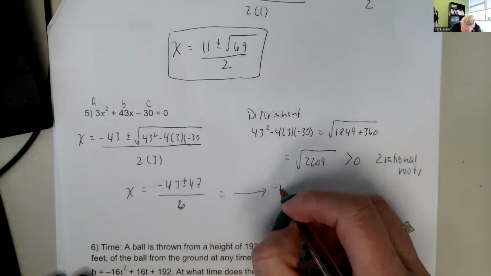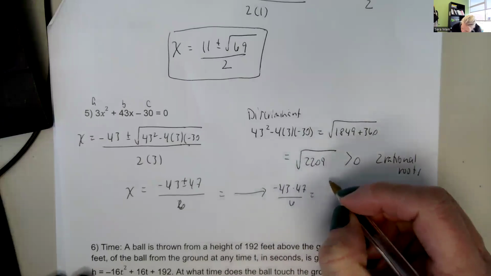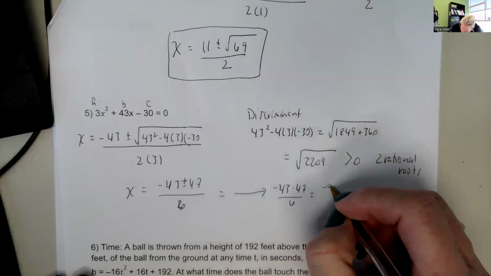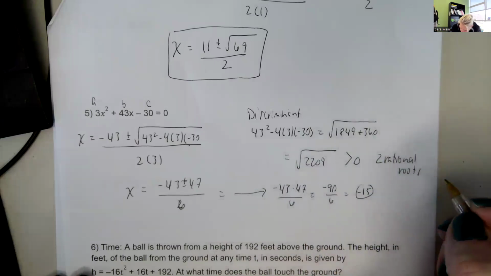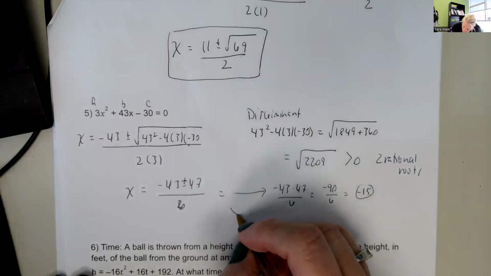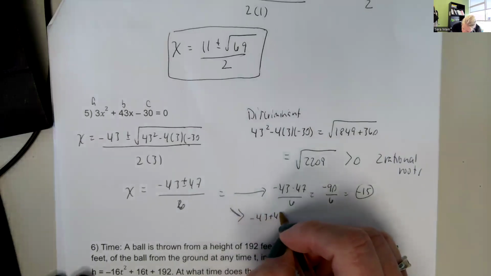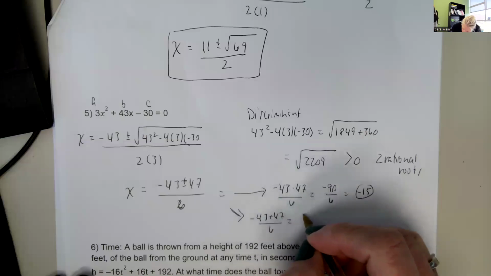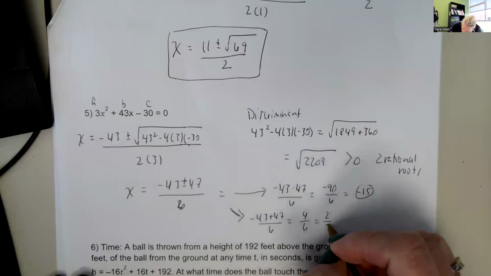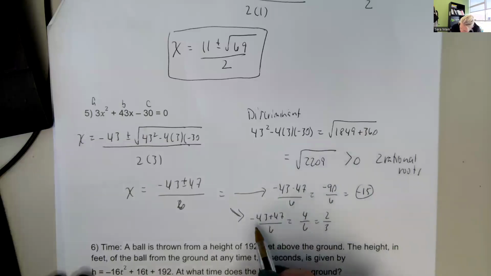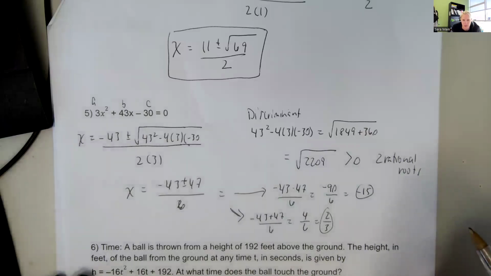One would be a negative 43 minus 47 over 6, which is a negative 90 over 6, which is a negative 15. Or we have a negative 43 plus 47 over 6, which is 4 over 6, or 2/3. Those are my 2 answers there.